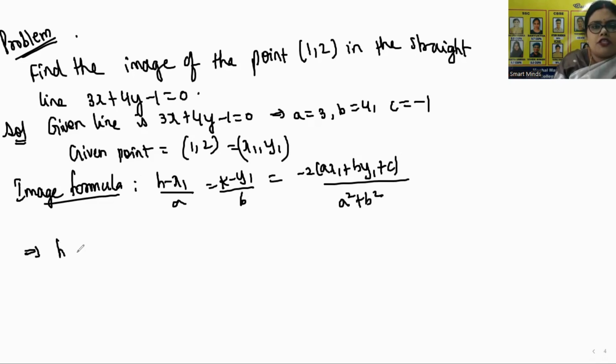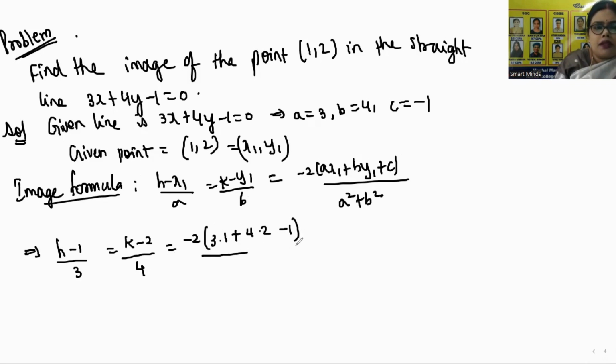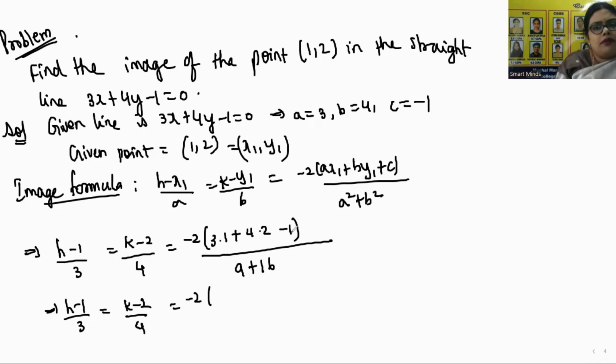Now substitute: (H minus 1) by 3 is equal to (K minus 2) by 4 is equal to minus 2 into (3 into 1 plus 4 into 2 minus 1) by (9 plus 16). So 3 plus 8 is 11, 11 minus 1 is 10, 10 by 25. 5 twos are 10, 5 fives are 25, that is minus 4 by 5.